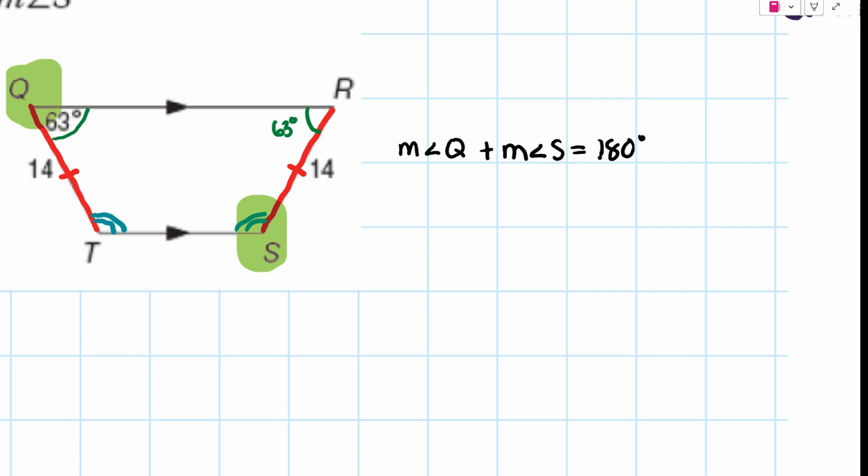Meaning if I add the two measurements for the angles, it should give me 180 degrees. So let me fill in some information that I have here. And then if I subtract 63 from both sides, then I get the measurement of S, which is 117 degrees.